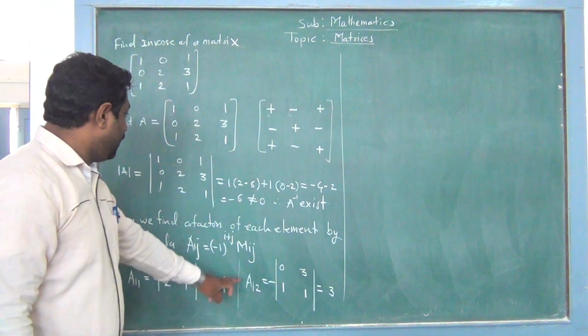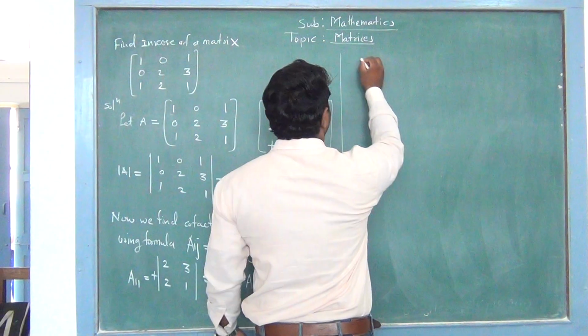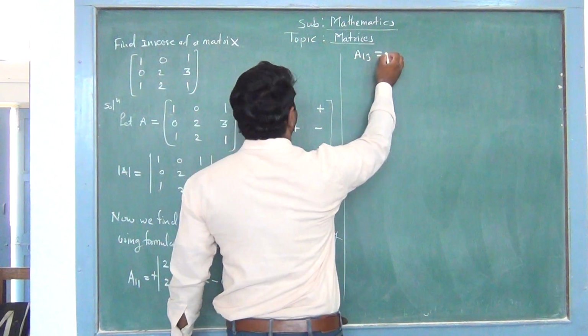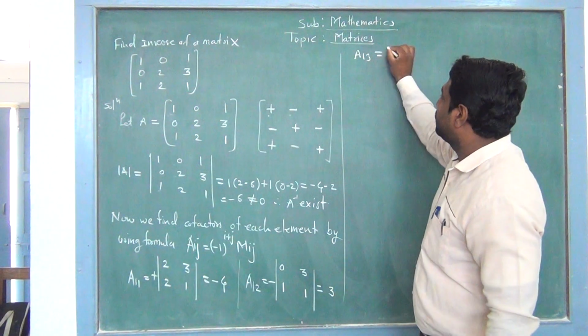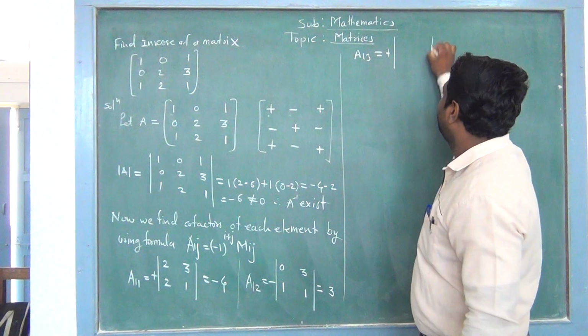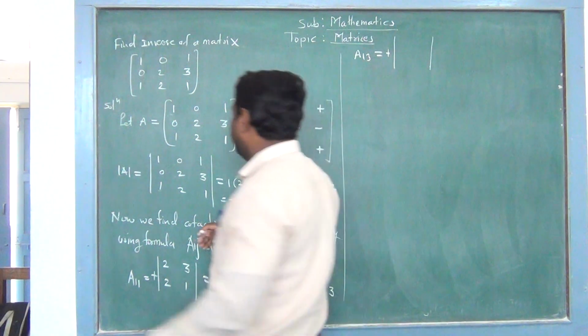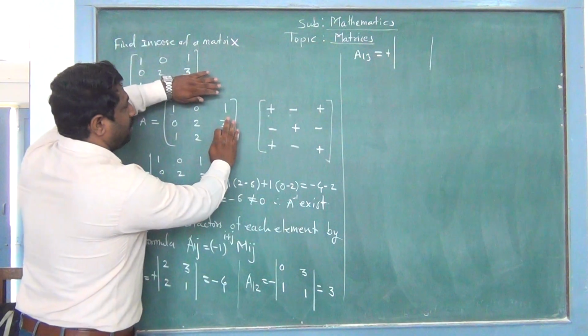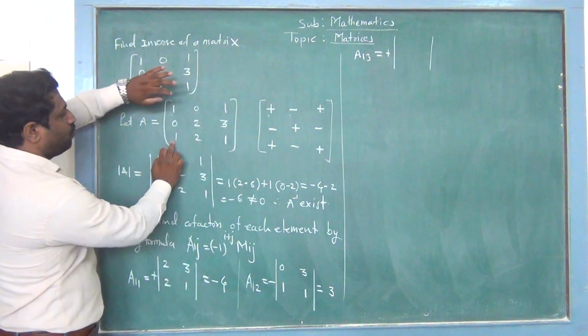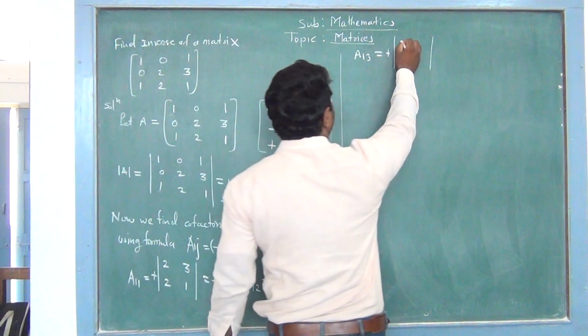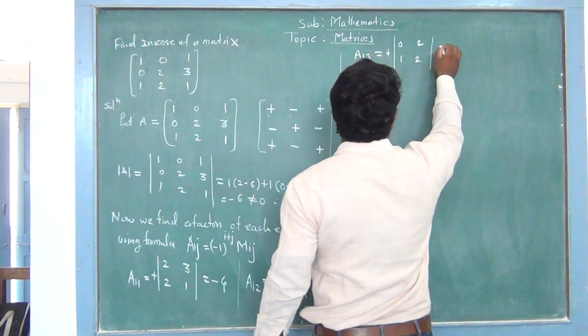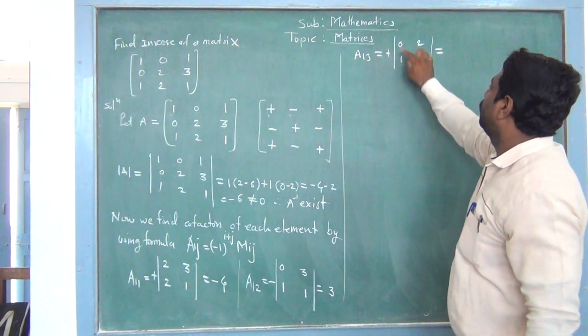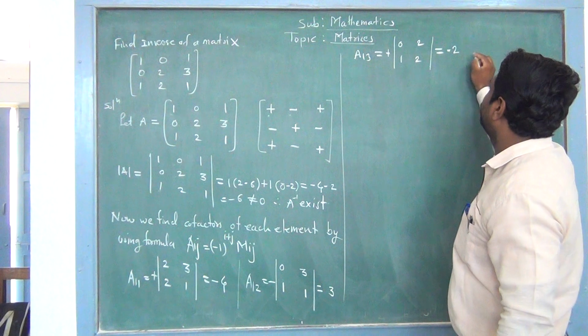Now we find A13. A13 has sign plus into the determinant of, deleting first row third column, [0 2; 1 2], is equal to 0 minus 2, so minus 2.